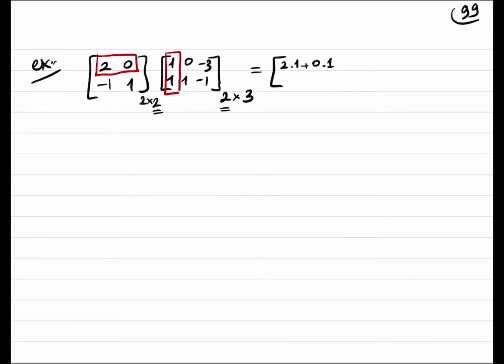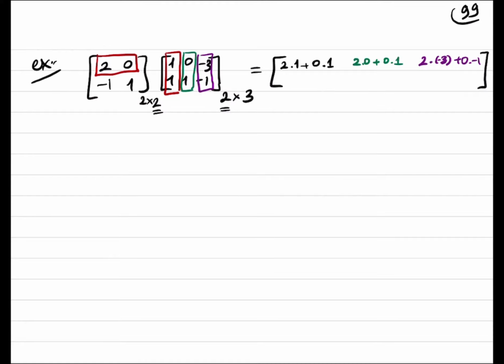Okay, we continue. I will do it with color. So it is 2 times 0 plus 1. Let me use another color, and then we will write the third column: first row of A and the third column of B, plus 0 times minus 1.